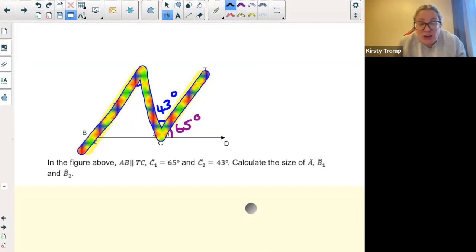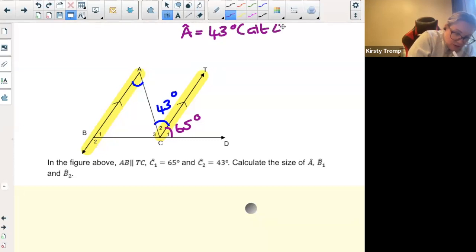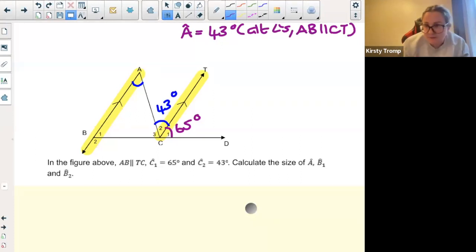I'm noticing, good, alternate angles, because I have the letter Z or the letter N. So that means angle A is going to be equal to 43 degrees. Reason: alternate angles, AB is parallel to CT or TC, same thing.